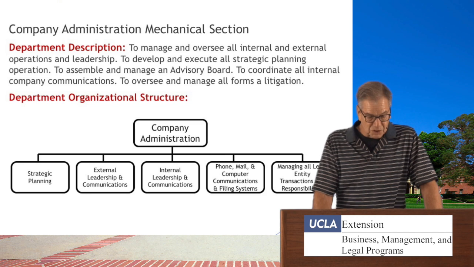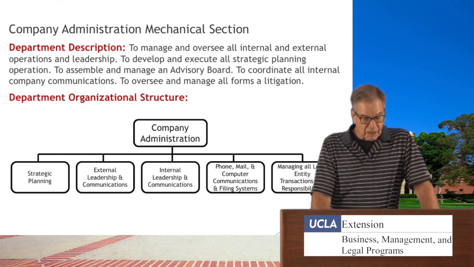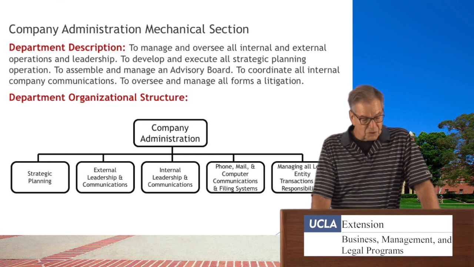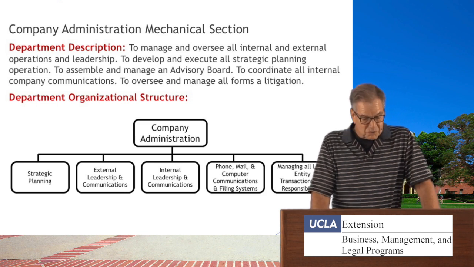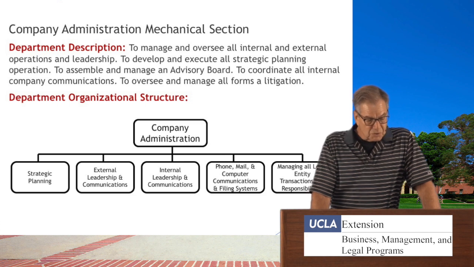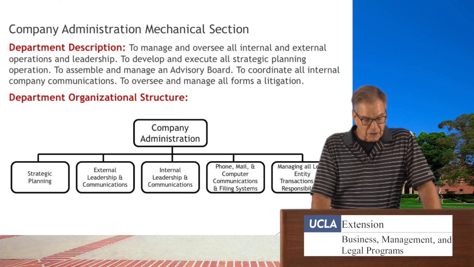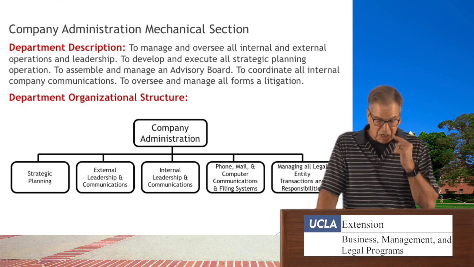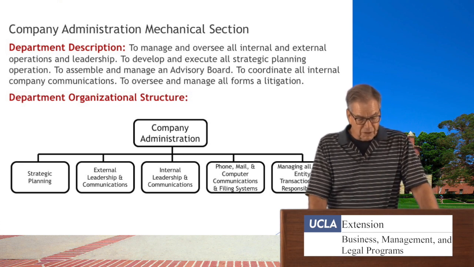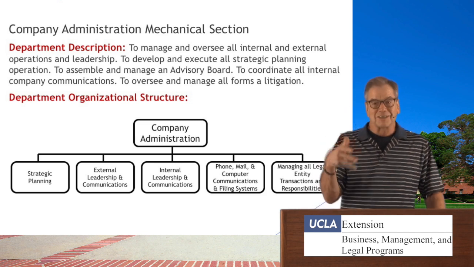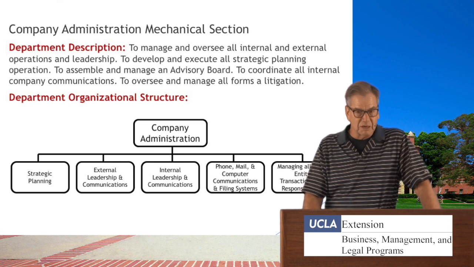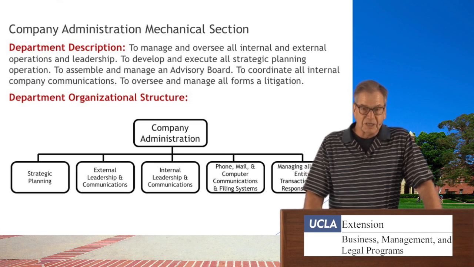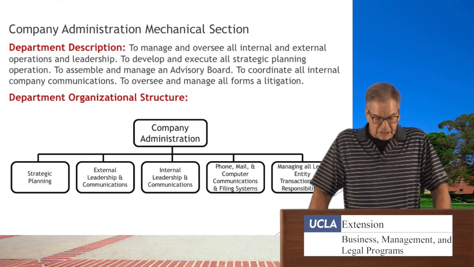Department description: to manage and oversee all internal and external operations and leadership, to develop and execute all strategic planning operations, to assemble and manage an advisory board, to coordinate all internal company communications, to oversee and manage all forms of litigation. I think I'm just getting creative here, but anything that's global, that's relevant to management of the company internally and externally, that's like a CEO function, we would list that there.